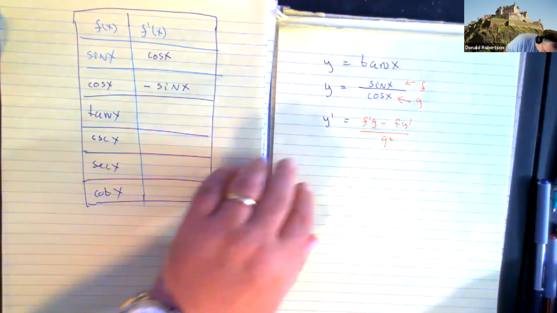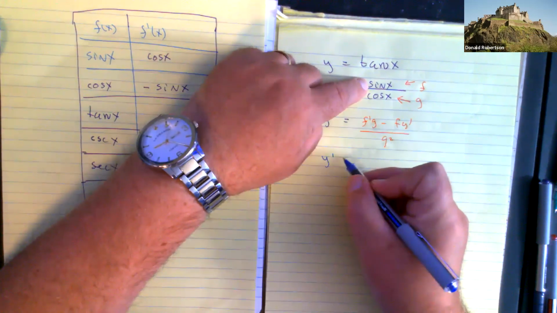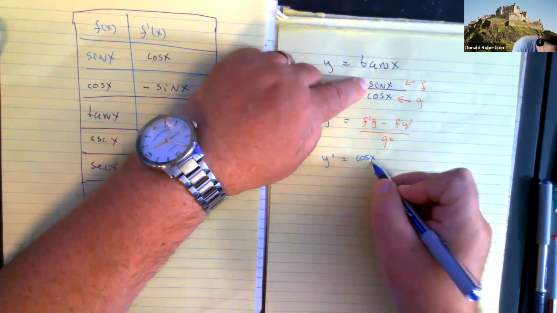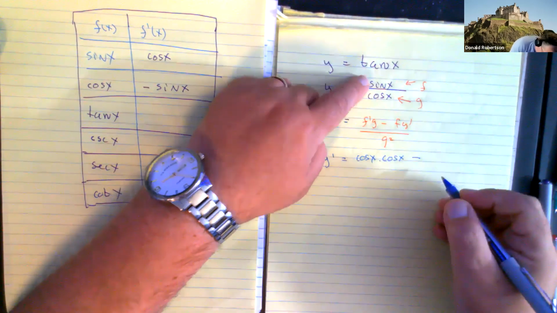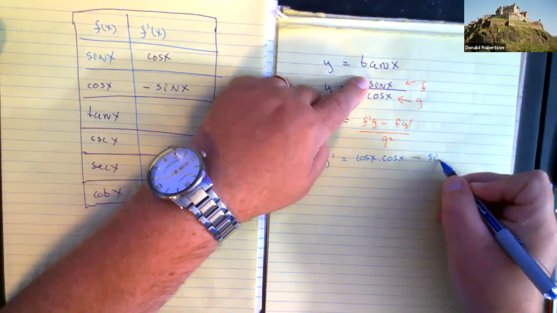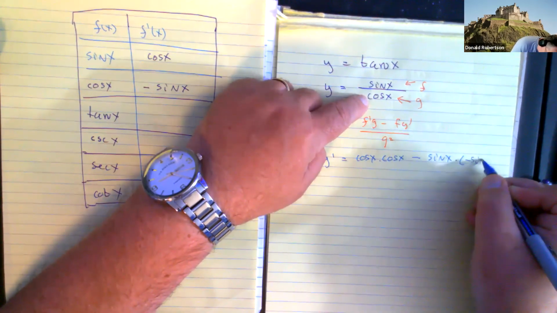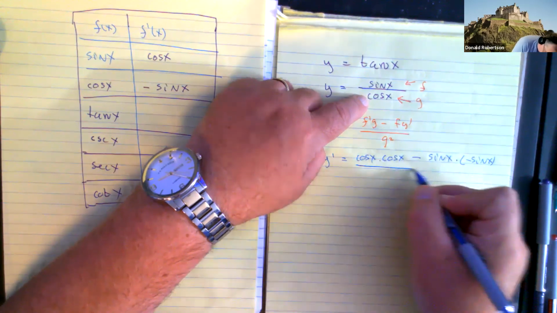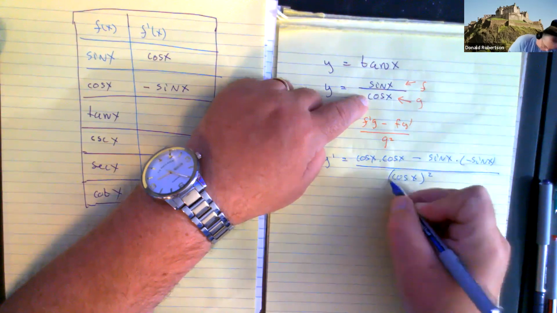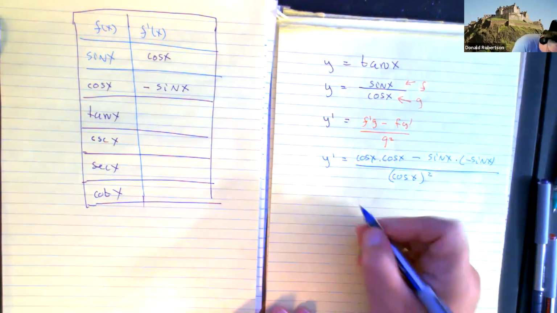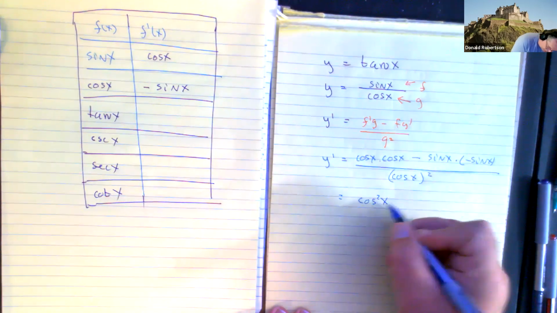So let's see what we get. If you differentiate the sine, you get a cosine. Times, you leave that one alone, so you get another cosine. Take away, leave the top guy alone. And if you differentiate a cosine, you get a negative sine. All over the bottom guy squared. Now, cosine times cosine gets you cos squared x.